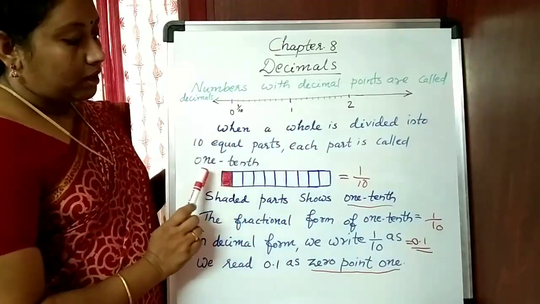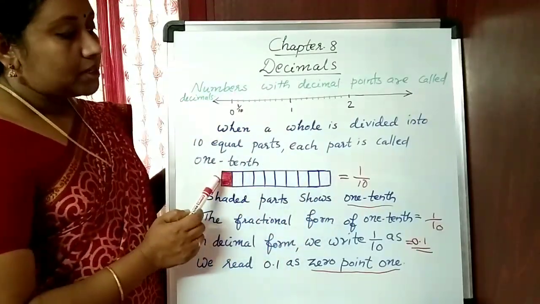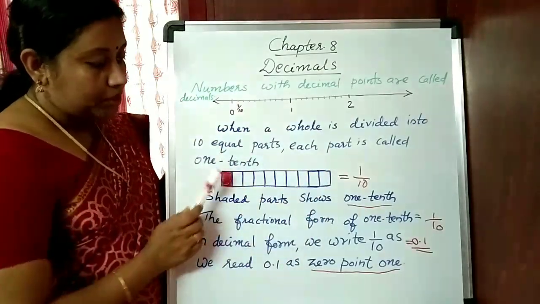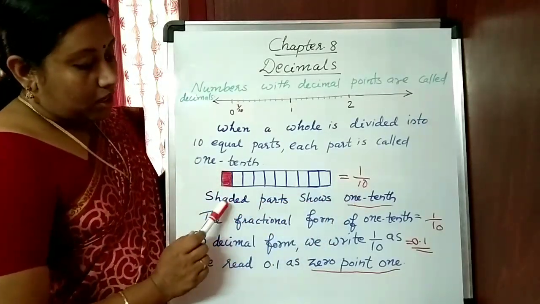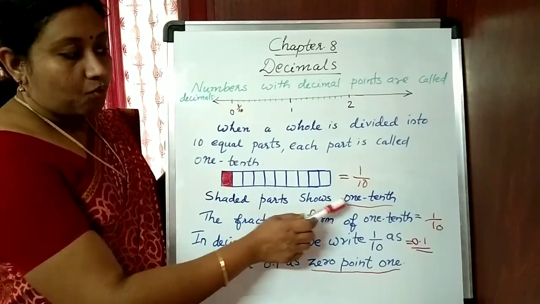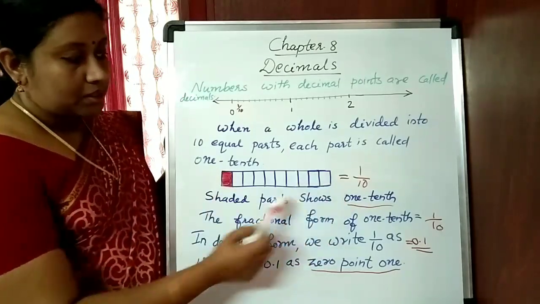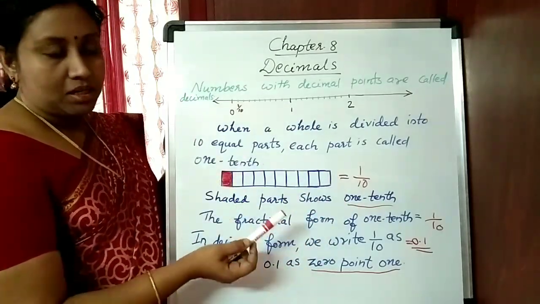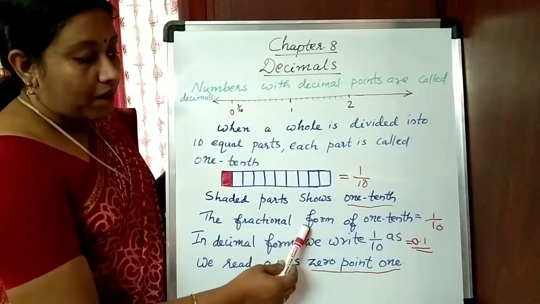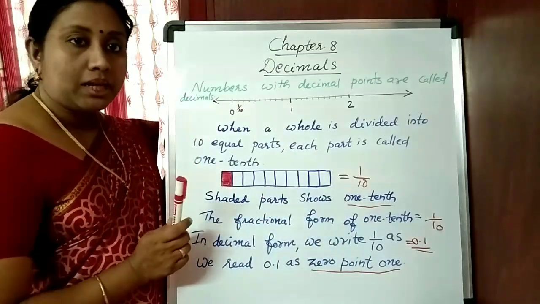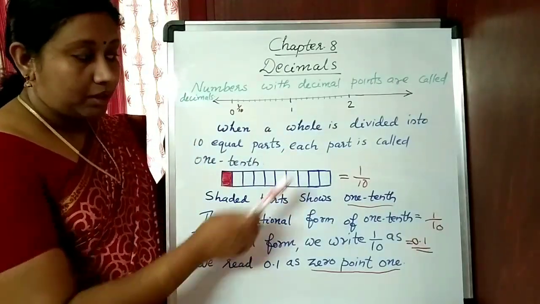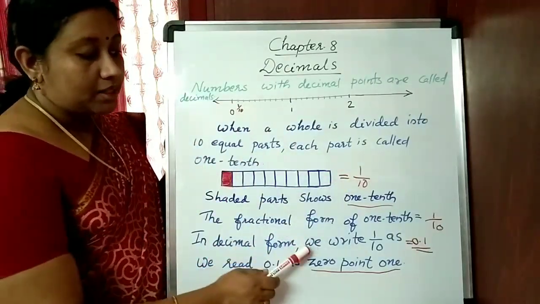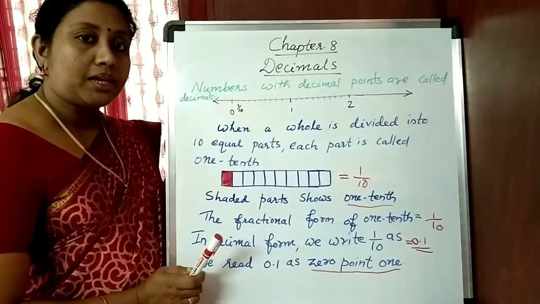1 by 10. Here also one whole thing is divided into 10 equal portions and one portion is shaded. So the shaded part shows 1/10. Out of this 10, one portion is shaded. So what is the fractional form of this? 1/10. What is the decimal form of this 1/10?